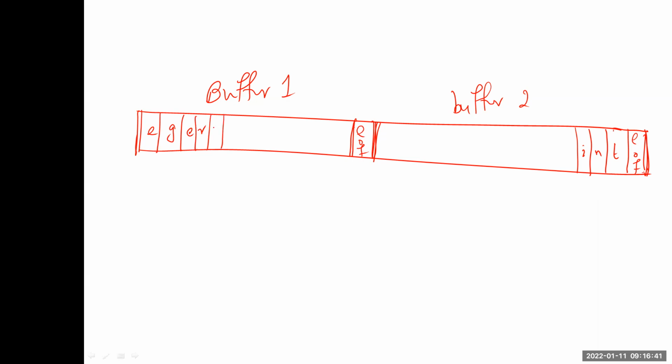That's what I'm talking about, and some other elements are there. So at one instant of time, the system or the lexical analyzer will load only one buffer.